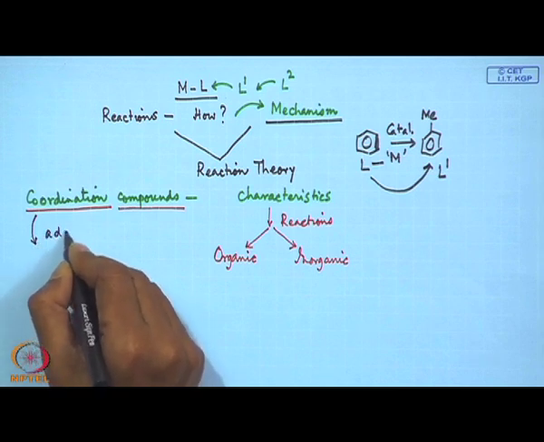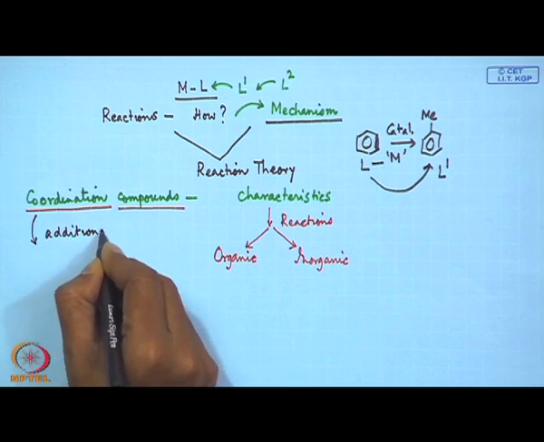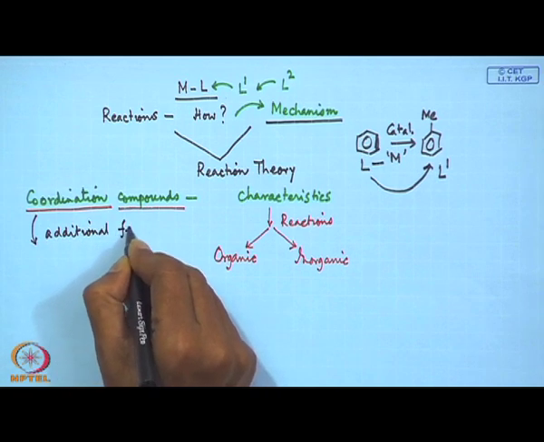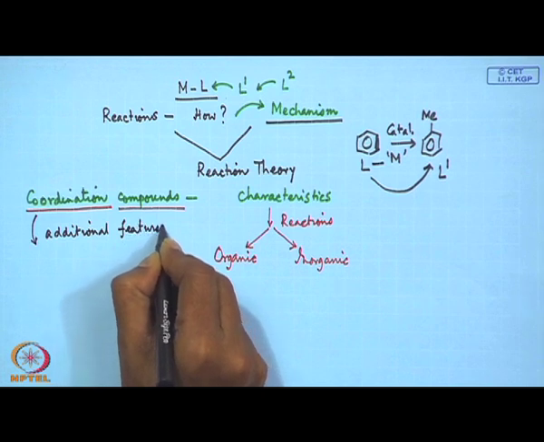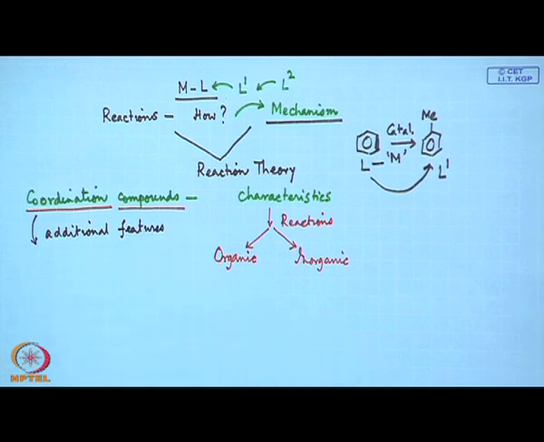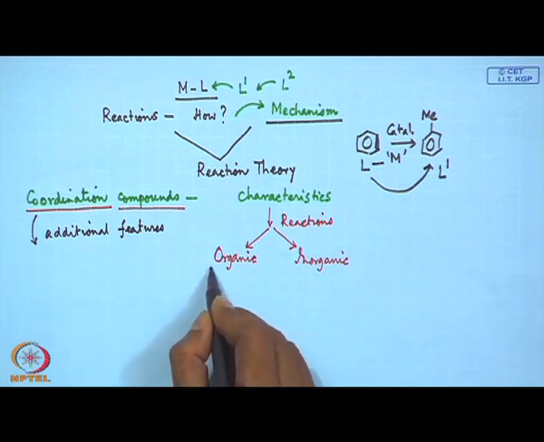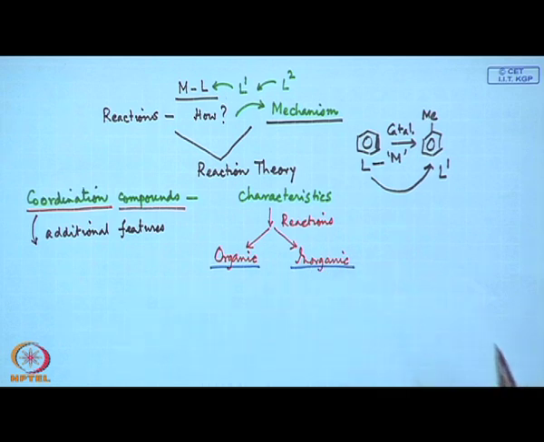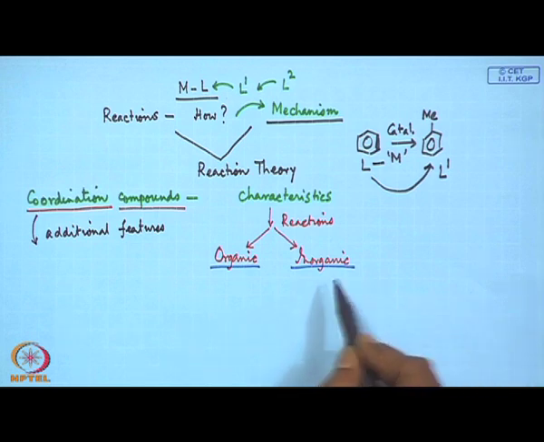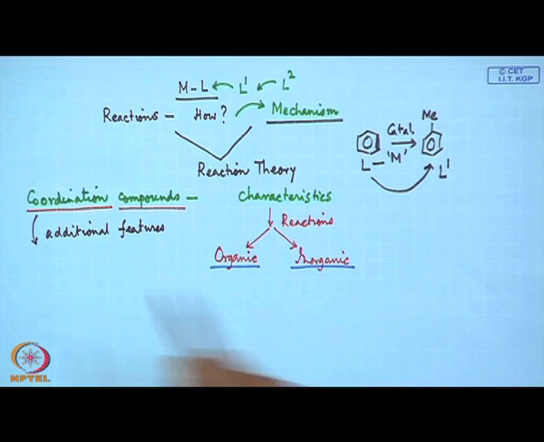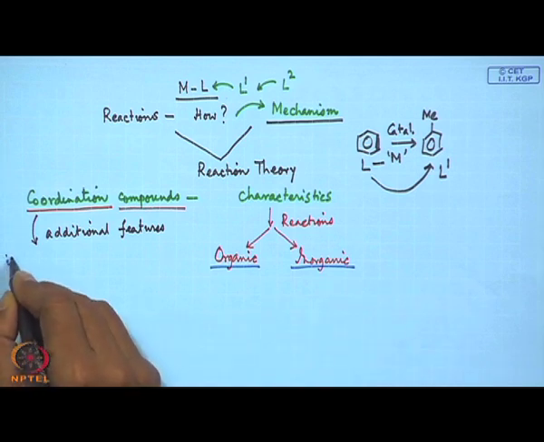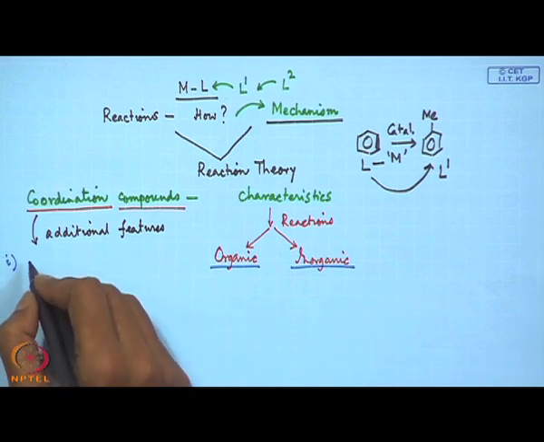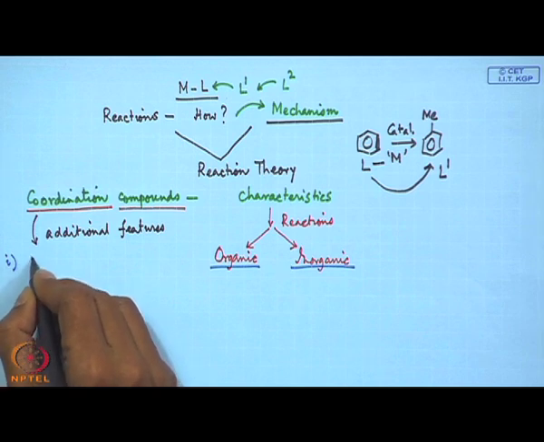So, they have some additional features, and we should always keep in mind those additional features when we compare the corresponding reactivity pattern as well as the reactions with respect to some organic reaction or some organic molecule or inorganic reaction or some inorganic molecule. So, these additional features are very important, that these molecules have more complex geometries.